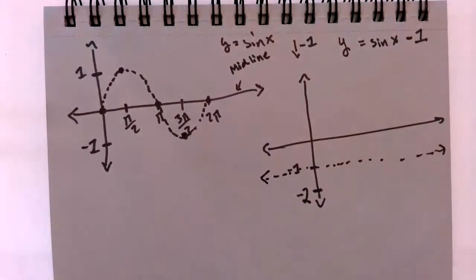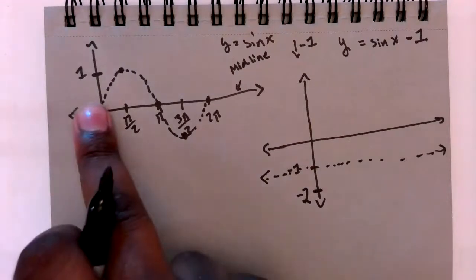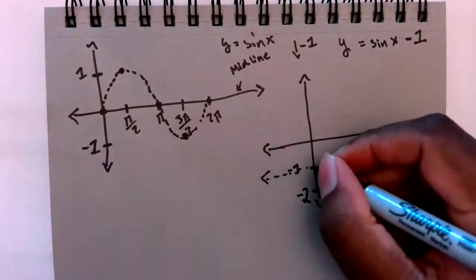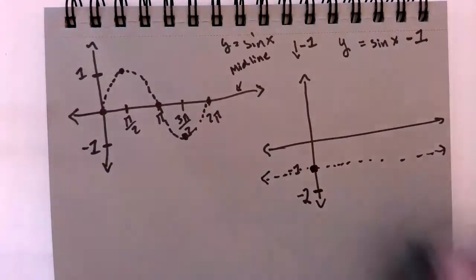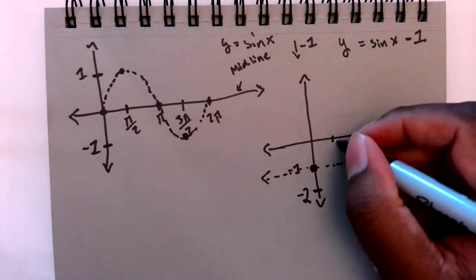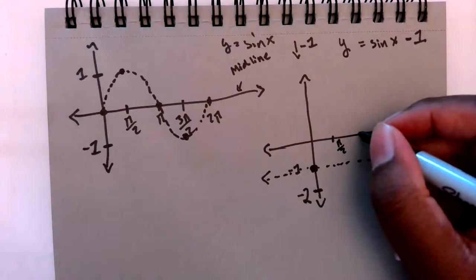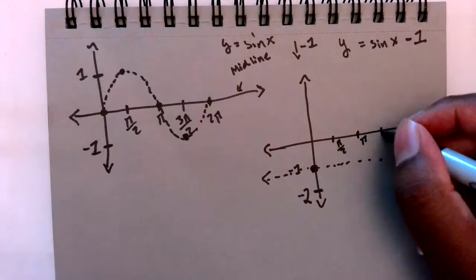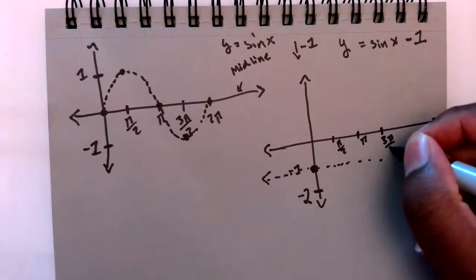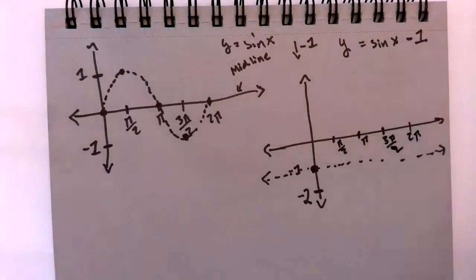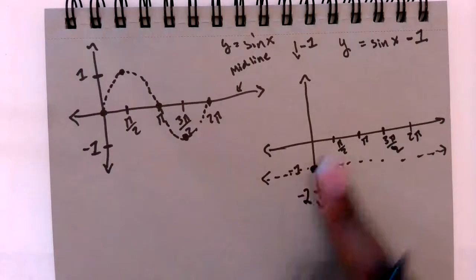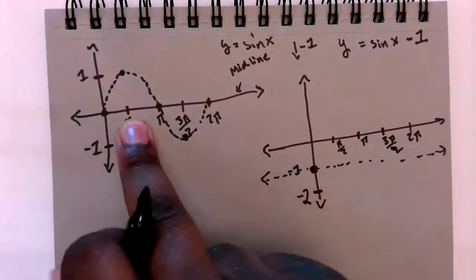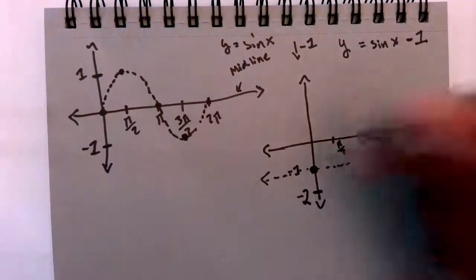Now, just like we started on the midline at 0, we're going to do the same thing here. So this will be our first point. We still have pi over 2, pi, 3 pi over 2, and 2 pi. And now we're going to take this whole thing and shift it down. At pi over 2, we went up 1, so from pi over 2 we go up 1 from the midline.